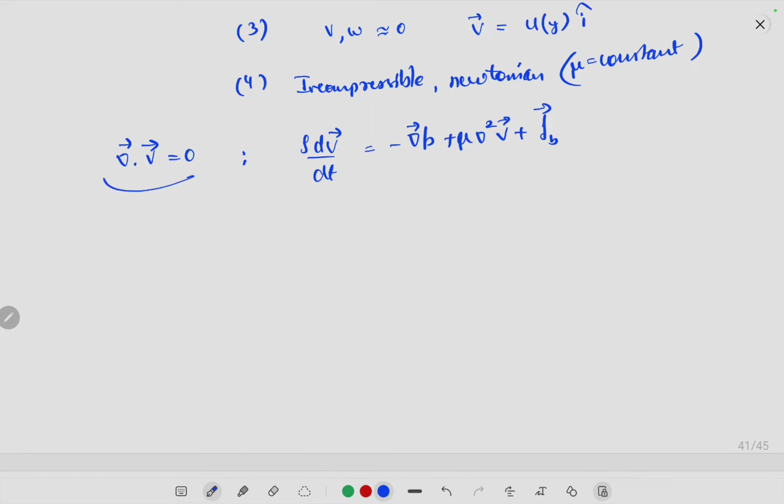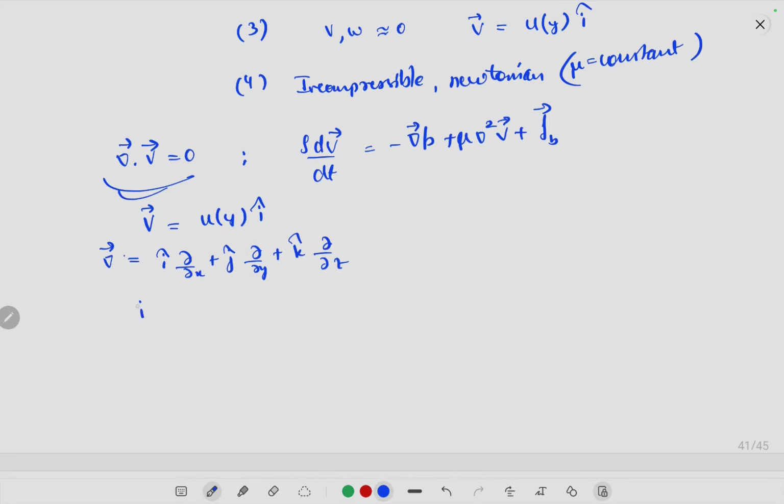Before that, let's just take this continuity equation, divergence v equal to 0, and we just argued that the v vector will be u, which is a function of y, times i hat. In Cartesian coordinates, the divergence operator is given as i hat del by del x plus j hat del by del y plus k hat del by del z. So just operate on this and put this equal to 0.